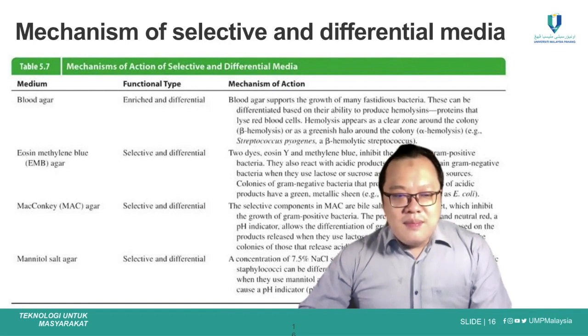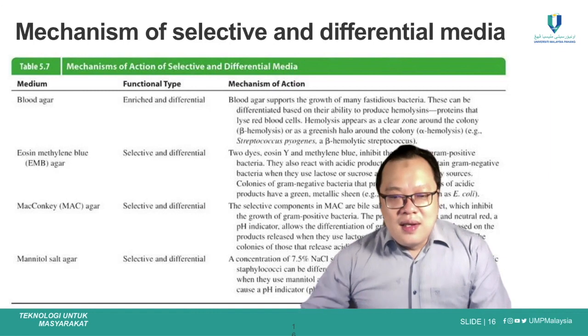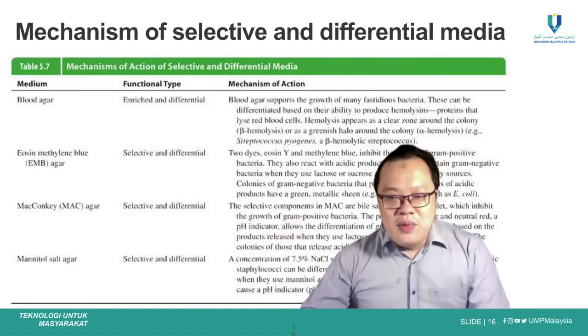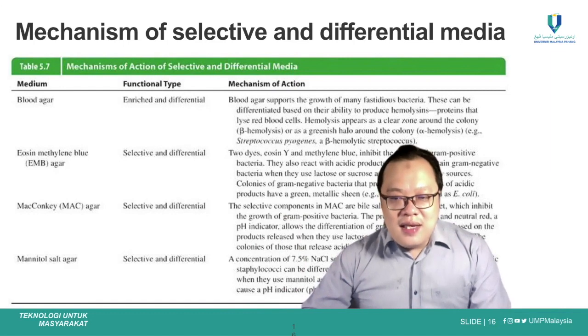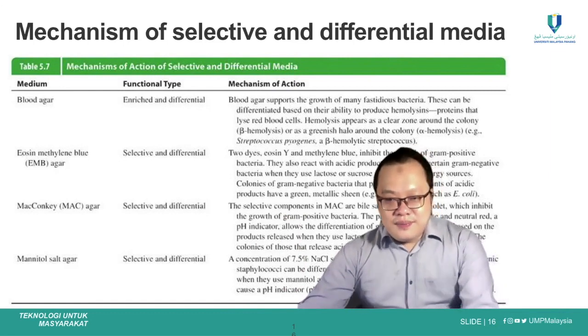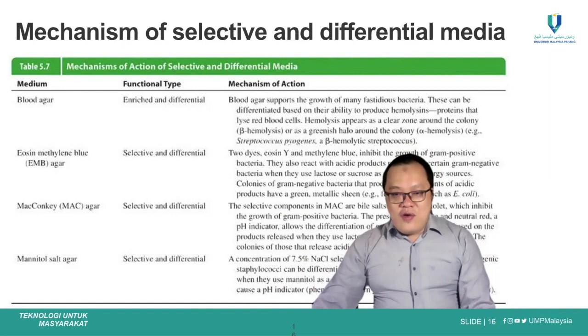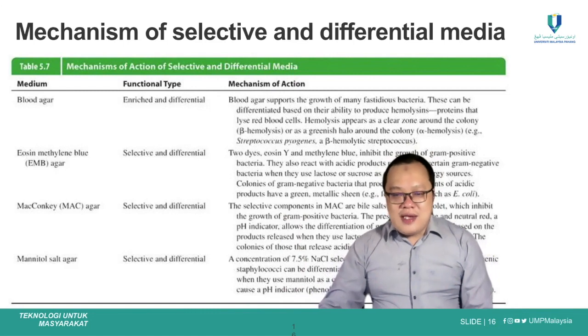In the eosin methylene blue agar, it can be selective and differential because of the addition of dyes such as eosin Y and methylene blue that inhibit the growth of gram-positive bacteria. Therefore, only the gram-negative bacteria are able to grow on the EMB agar.